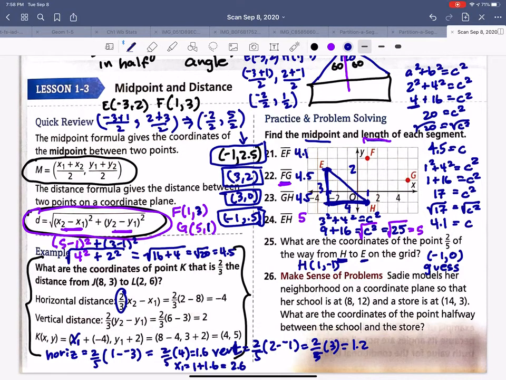Now that makes sense. All right, and then I take the y1 coordinate, which was -1, and I want to add this 1.2 to that. So I get -0.2. So I get the coordinate 2.6, -0.2. Yeah, this is not working. I did something wrong.